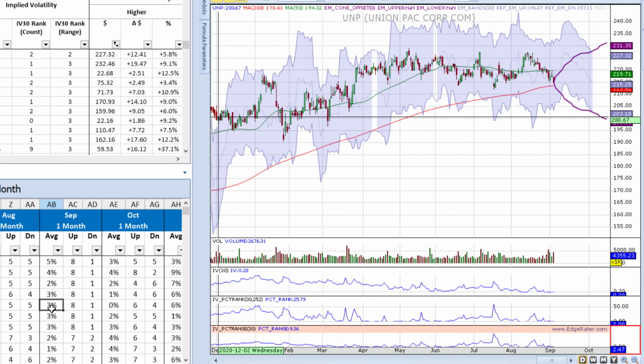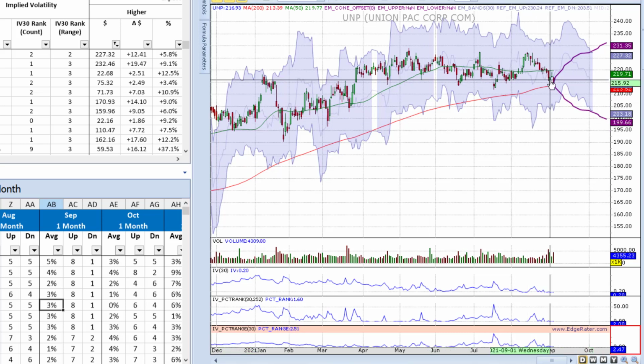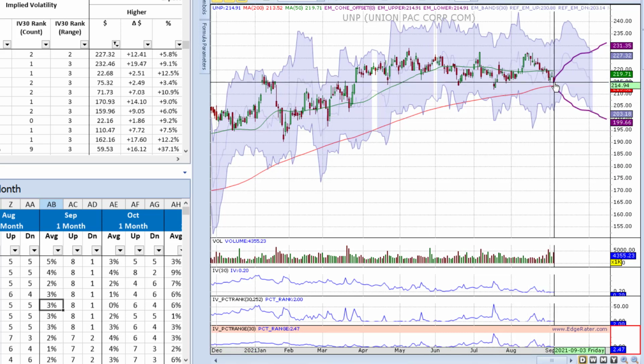Let's look at some others that are in this list and see where they are. This one, Union Pacific, has a lower IV rank, so it's quite low, in the 2nd percentile of implied volatilities. So if the spreads are okay on these options, again it makes for good option purchase opportunities.